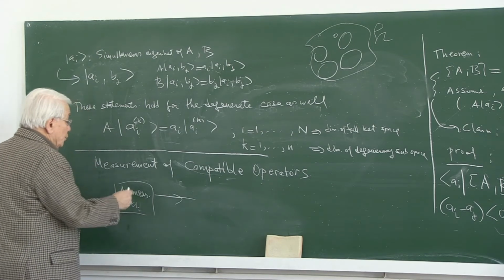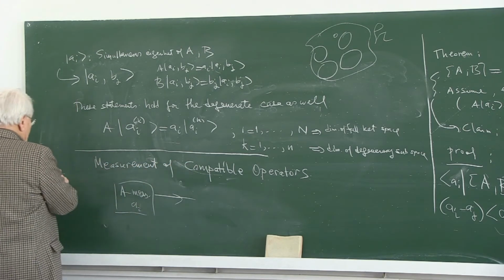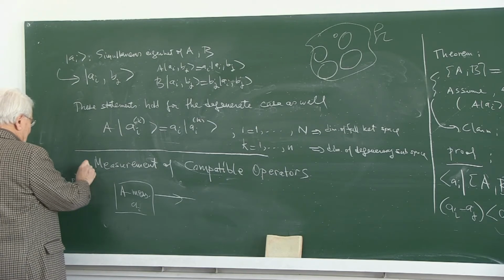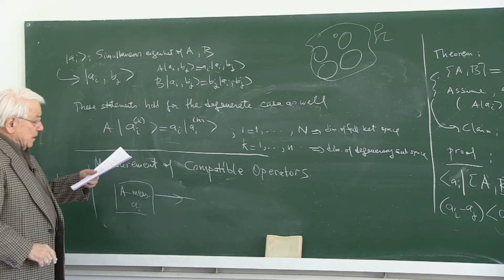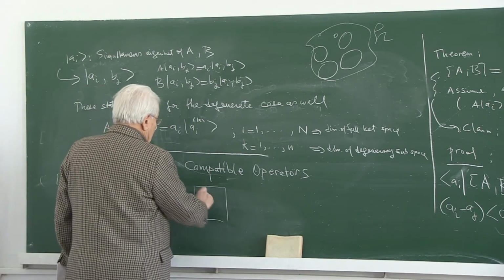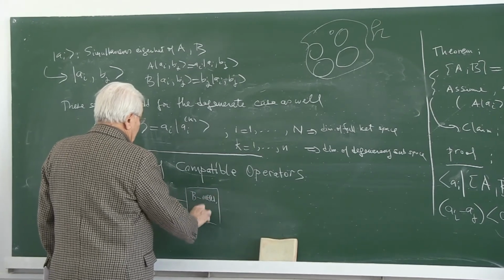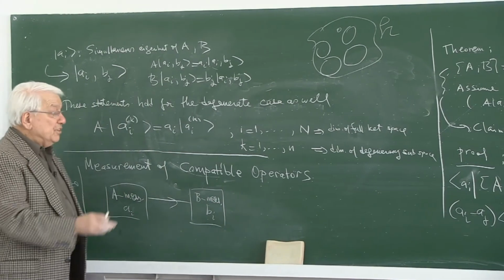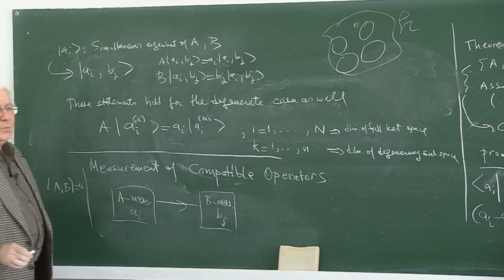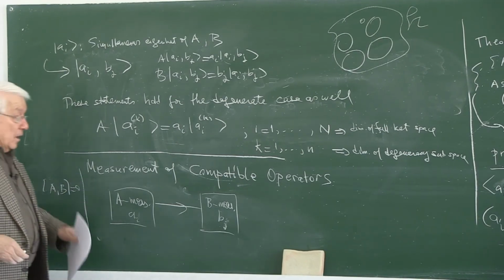So you measure A. First of all, we are talking about compatible, so A and B commute, right? You find a_i, then you carry out the B measurement after this. You find b_j. Use different indices so that we don't have the impression as if we are talking about the same thing.